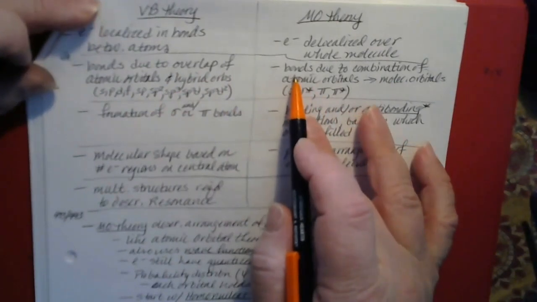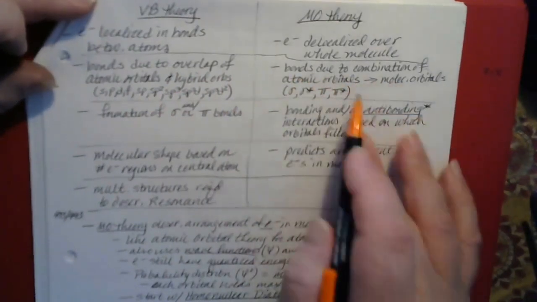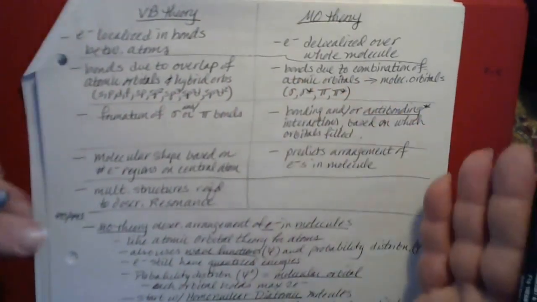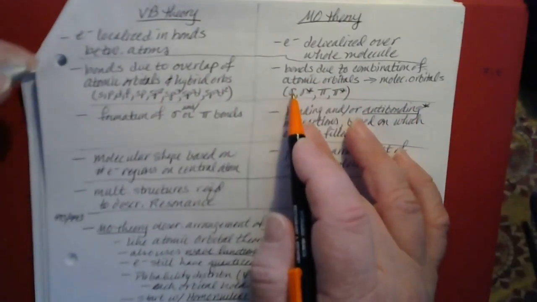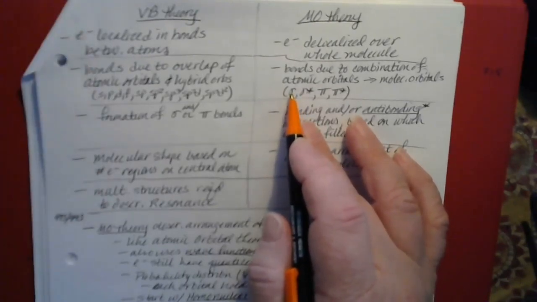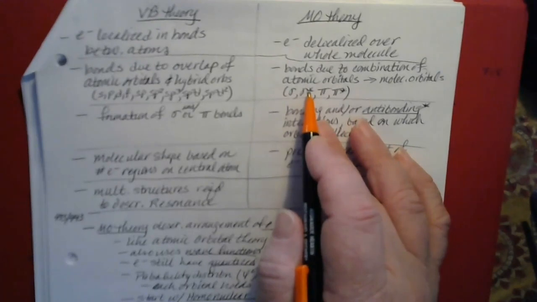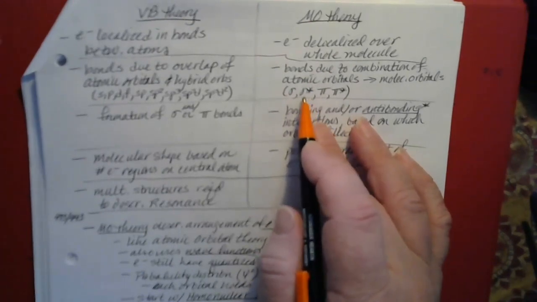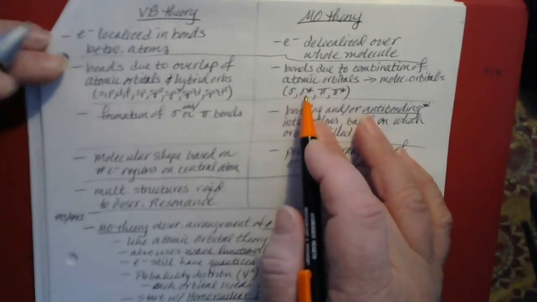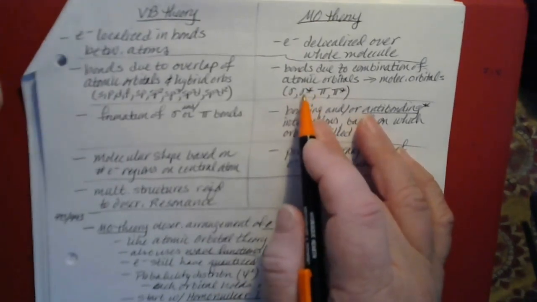In the molecular orbital theory, the bonds are due to a combination of atomic orbitals forming molecular orbitals. And those molecular orbitals we call sigma, which represents electrons that would be in a sigma bond. Sigma star, which we'll see is called sigma anti-bonding, would represent electrons that are somewhere in the molecule other than the bond.